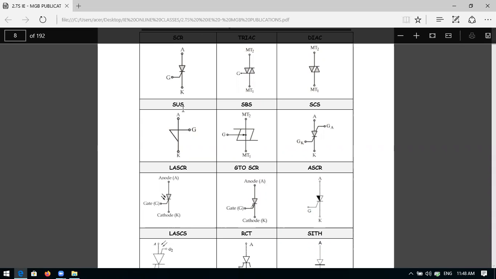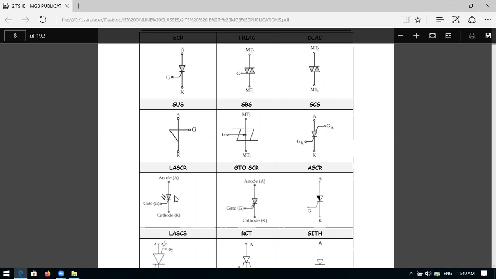So next one is LASCR. So what does LASCR mean? It is a 3-terminal device, but you can see here, what are these arrows? This is indicating light is falling onto the gate terminal, onto the junction between a cathode and a gate.